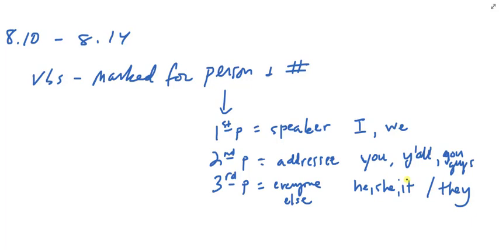In other words, if I'm making reference to Moses in a conversation with you and you're not Moses, then I'm talking about someone besides me and someone besides you. How do I know Moses is third person? Well, what pronoun would you replace Moses with? He. And he is what person? Third. That's right. Okay. So our verbs in Greek are going to be marked for person, first, second, or third person, and number, which is singular versus plural. Okay?